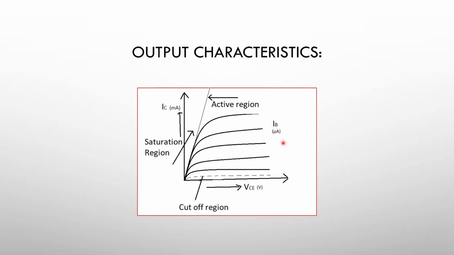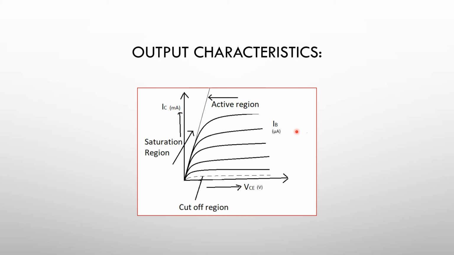The value of beta, that is what we can say gain, also increases. So when VCE falls, the IC also decreases rapidly, and the collector current becomes independent and free from the input current, that is IB.